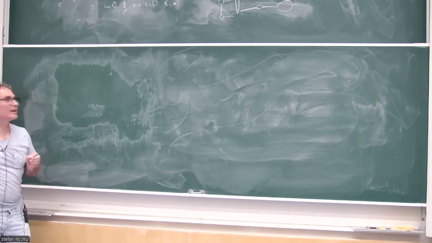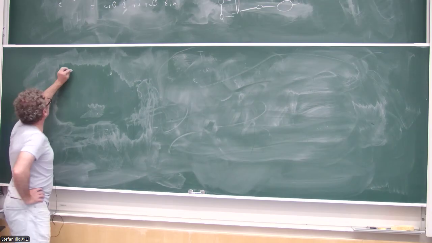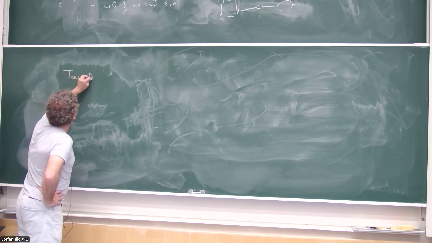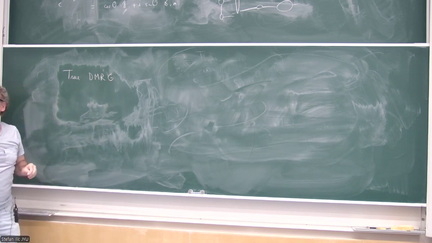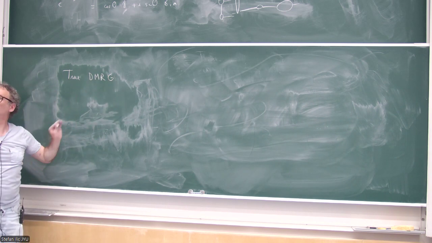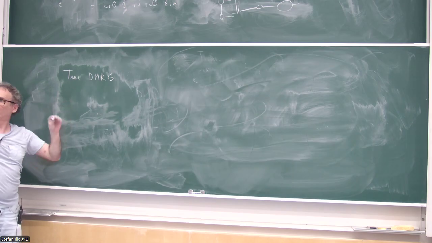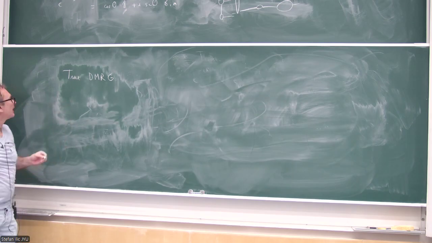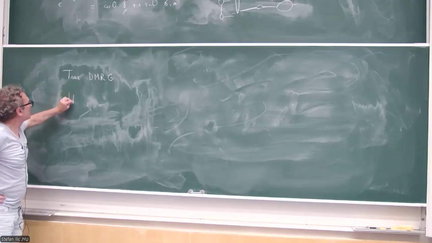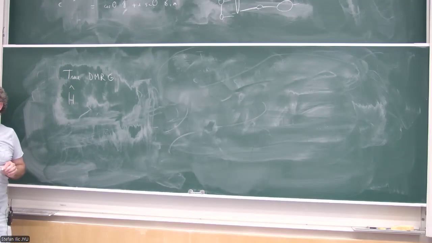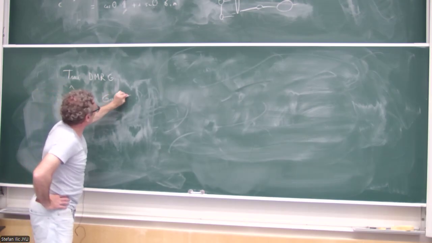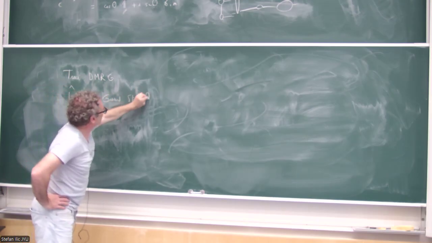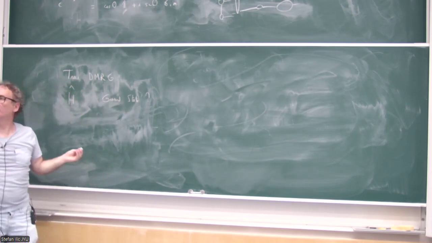So we finally arrive at the true DMRG now. I won't have time to finish it, so I just want to give you the big picture, and then we fill out the details tomorrow. So I have H, my transverse field Ising model, and I want to find the ground state in the form of an MPS, of course.